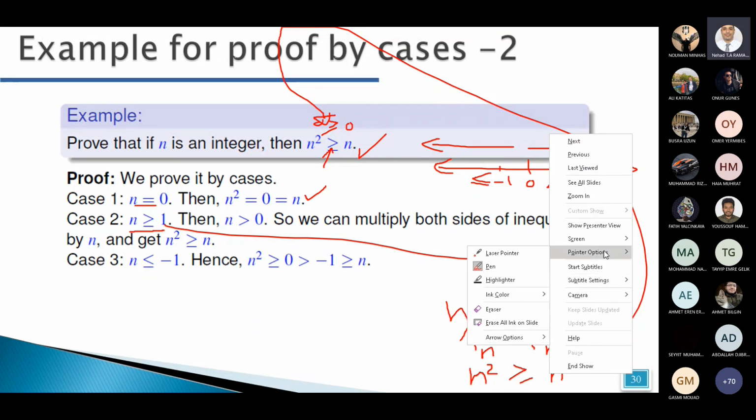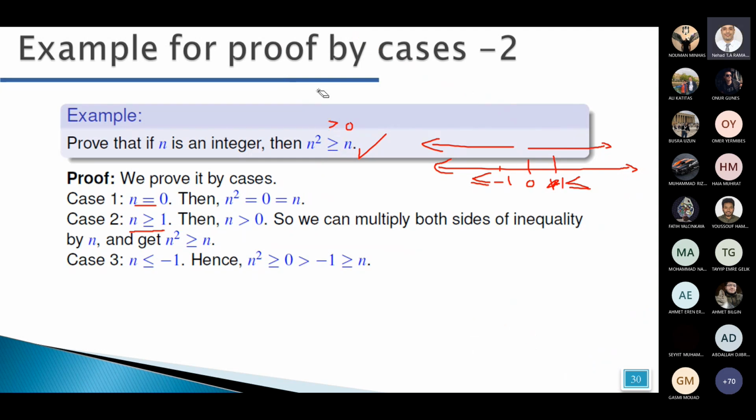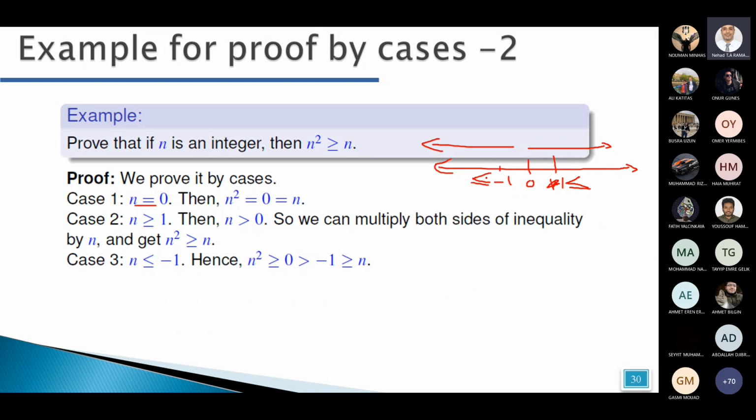Now, third case. You have to focus. It's easy also, but you have to focus a little bit with it. We take now the third case, n less than or equal minus 1.